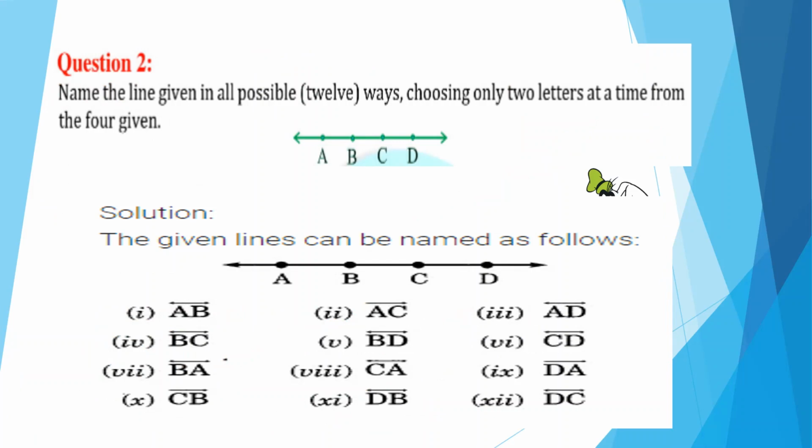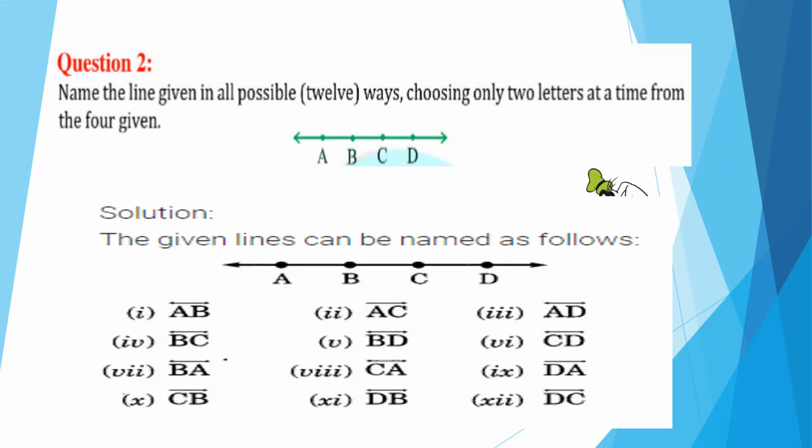Question number 2. Name the line given in all possible ways, choosing only 2 letters at a time from the given figure. So in this figure, we have to name the line. The line name is AB. First we take A, naming it AB, then A to C, AC, then A to D, AD.